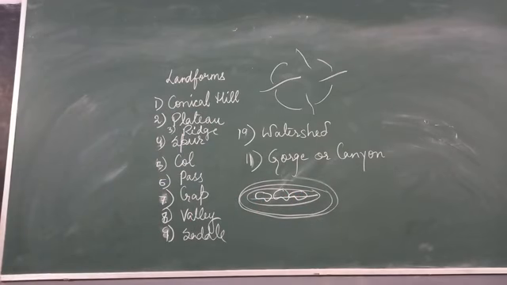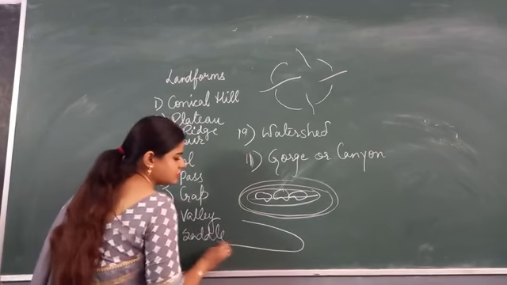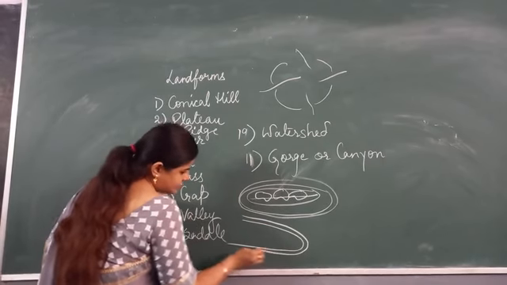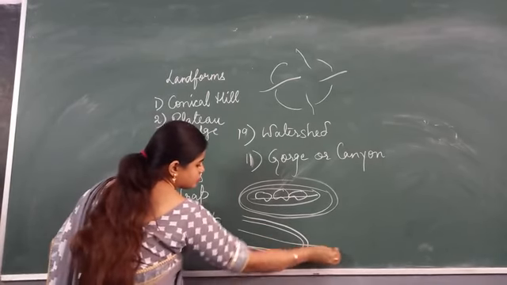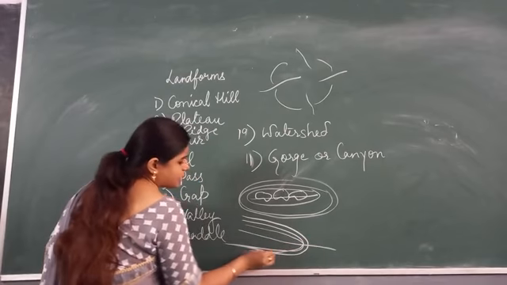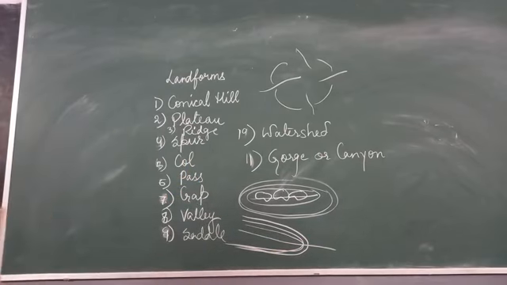Okay, now the next one is about spur. Spur is like a tongue-like projection. It's like this, a tongue-like projection which has contour lines like this.